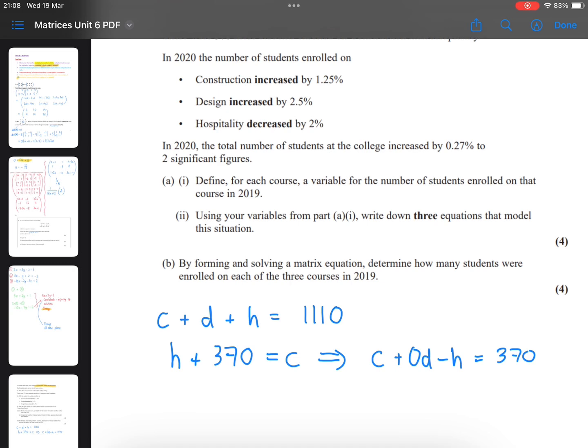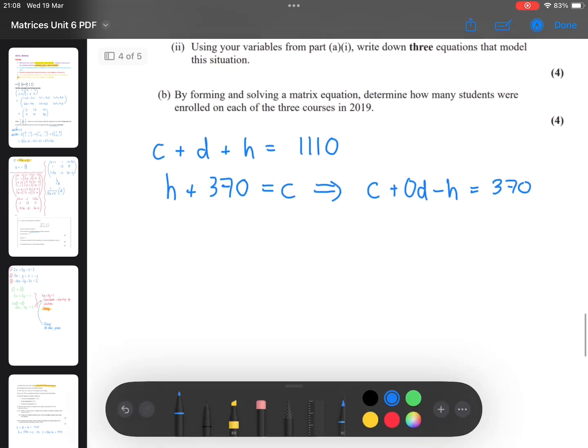And then we've been told, and often these questions will include some sort of percentage change. In 2020, the number of students enrolled on construction increased by 1.25%. So that gives us 1.0125C. Just be careful about the number of zeros and so on here to get the multipliers correct. 2.5% increase in design, and then a 2% reduction, so 0.98, in hospitality.